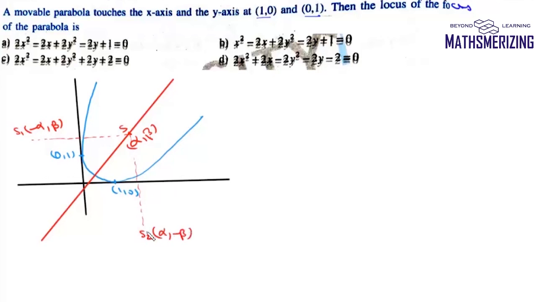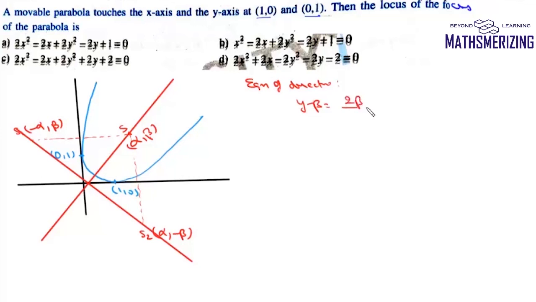So now we have 2 points on the directrix. We can write the equation of the directrix from this. So the equation of the directrix for this parabola will be y minus beta. Now what is the slope?